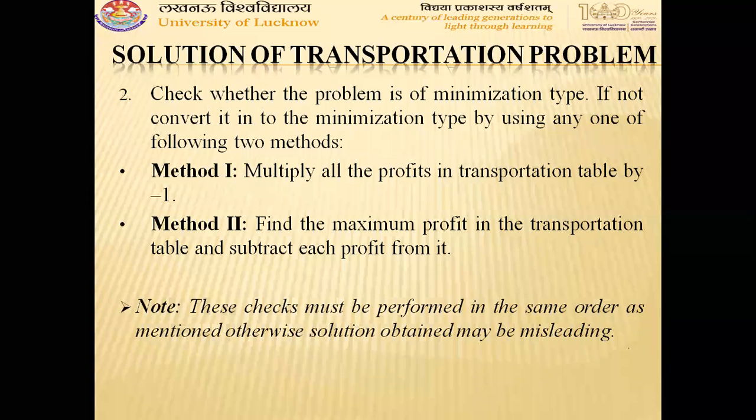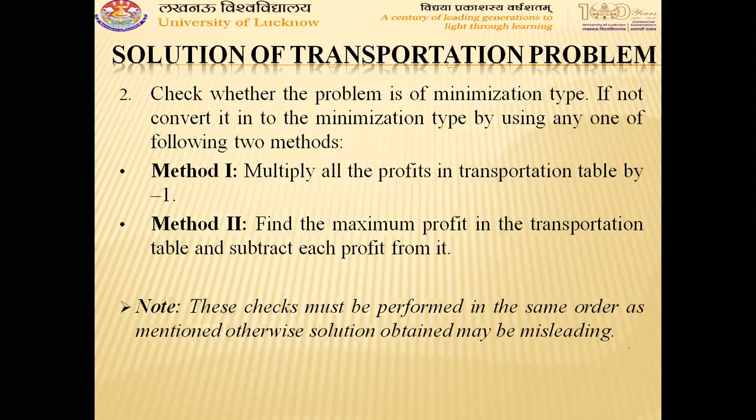If it is of minimization type, then it's okay, but if it is of maximization type, then it is required to convert it into a minimization type problem. For converting the maximization transportation problem into minimization type, either of the following two methods can be used.